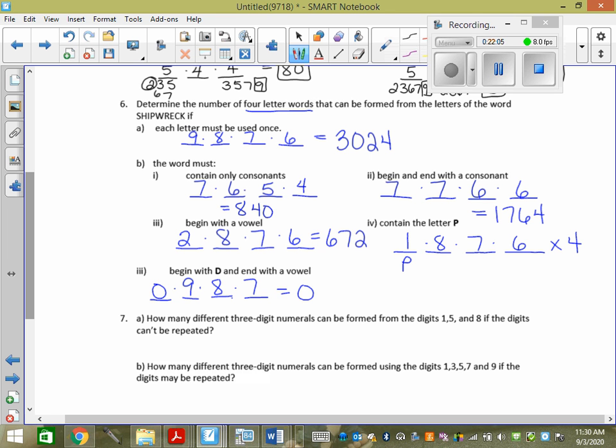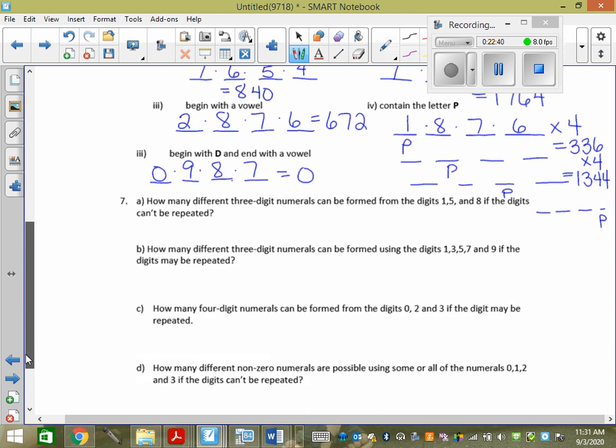Or you can show it as a case in the first blank, a case in the second, a case in the third, and a case in the fourth, and you'd still get the same thing. So what's 8 times 7 times 6? 336. Times 4, which is 1,344. Perfect.